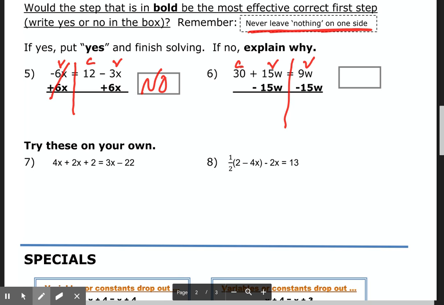So I can subtract 15W, which cancels out, and bring it over here. So this is looking 9W minus 15W would be negative 6W. Okay, so this is working out good. So this would be a yes. So then on number 7 and 8, it said try these on your own.